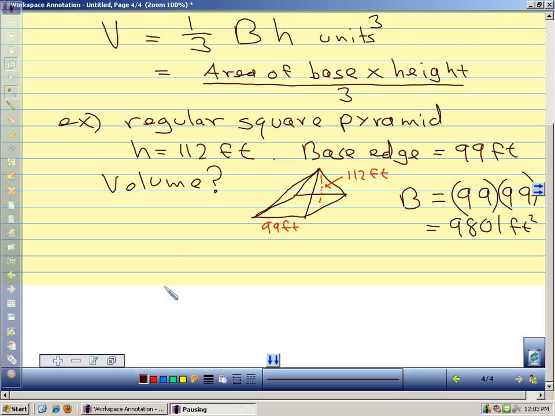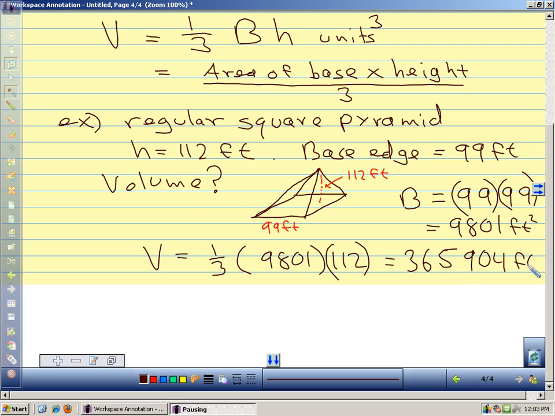And we know the height is 112, so our volume is 1/3 times 9801 times 112. And that equals, when I calculate that out, 365,904 cubic feet. Any questions on that?